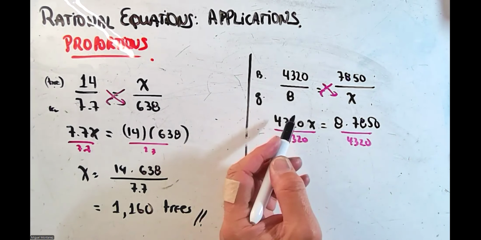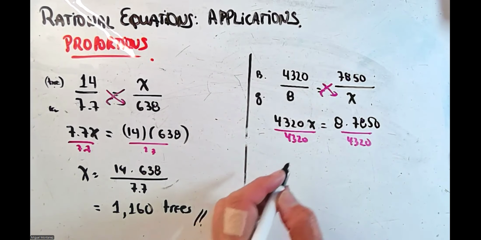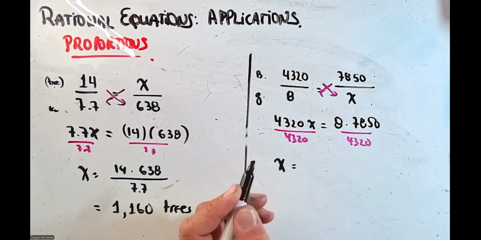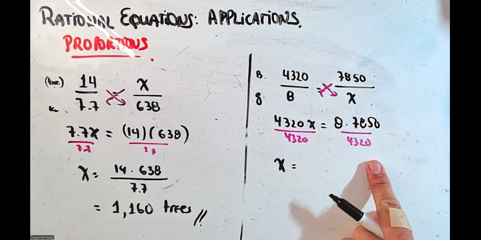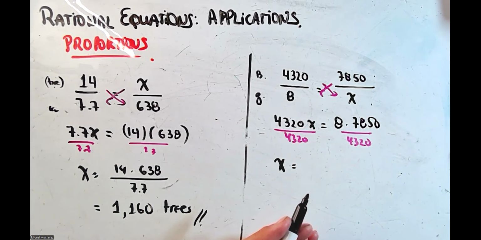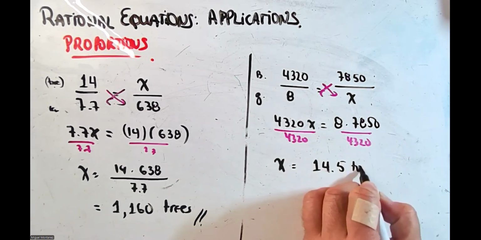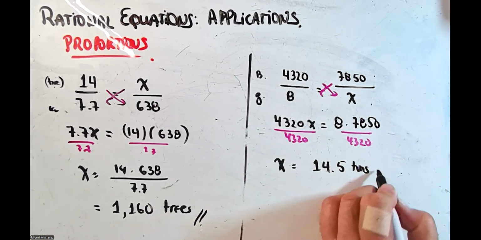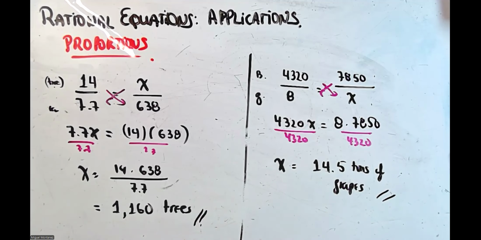X, which in this case represents tons of grapes, equals 8 times that divided by that. That would be about 14.5 tons of grapes. And we're done. Okay, let's try another one.